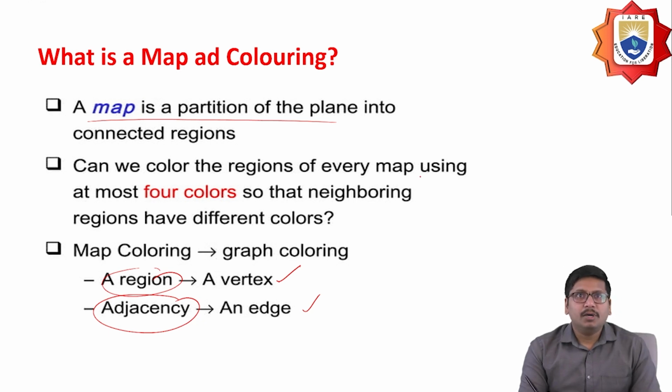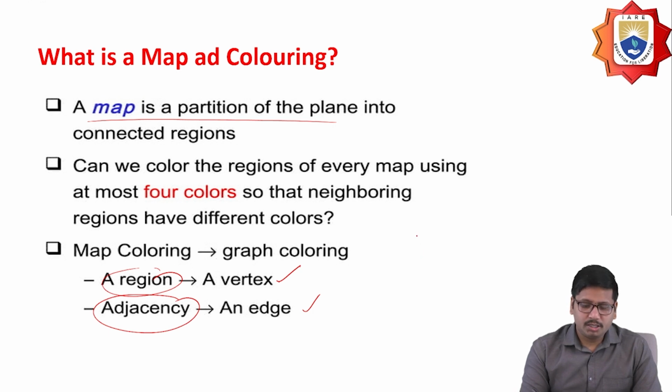Map coloring is almost similar to graph coloring, but mainly the regions are considered here, and adjacency is considered as an edge.